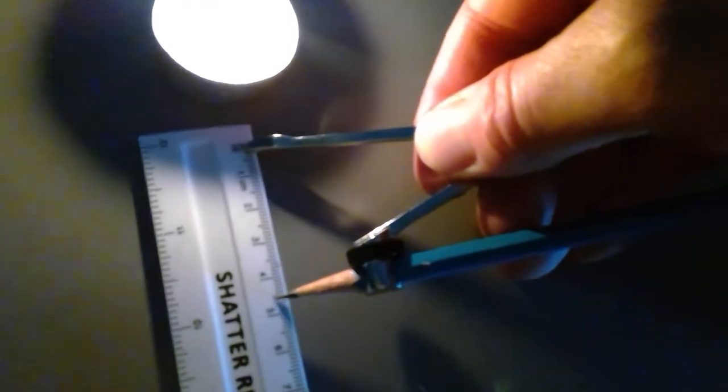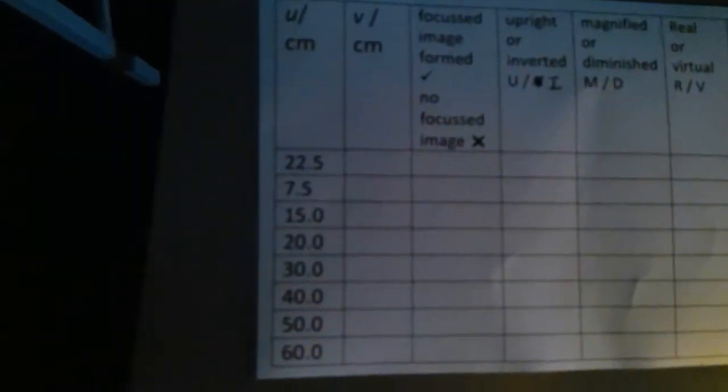See that? And now the next one is 30. So I move this to 30 and find, now I'm coming in and it's just about there.